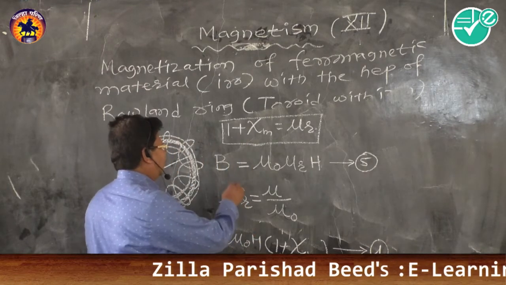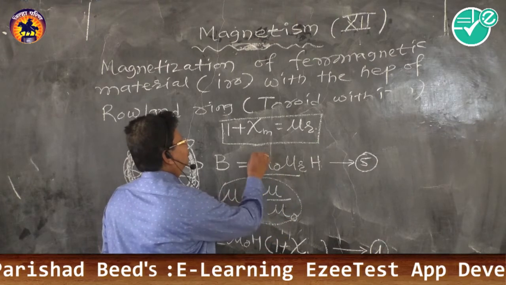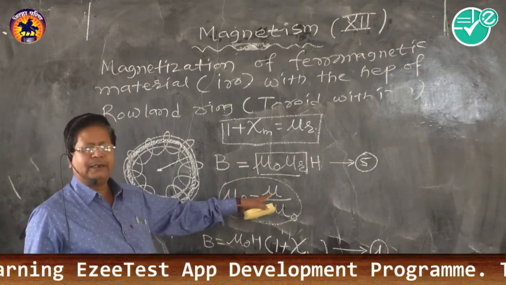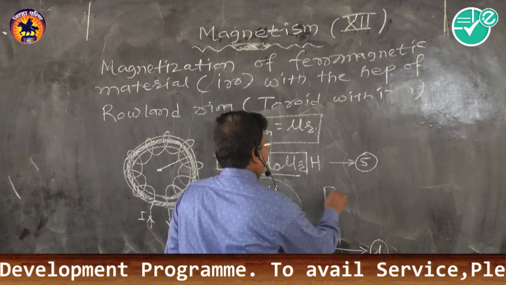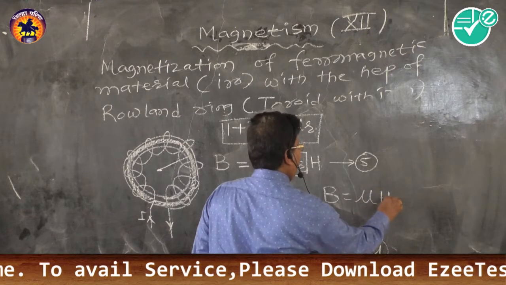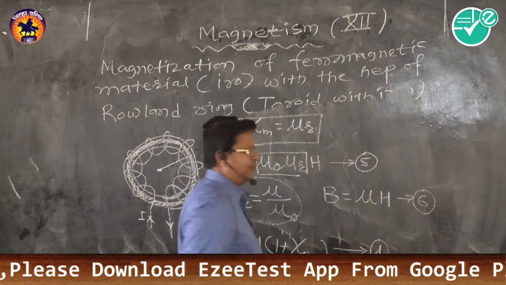And therefore, the term mu 0 into mu r is the magnetic permeability, and therefore we get B is equal to mu into H. This is equation number 6, and this is the final expression.